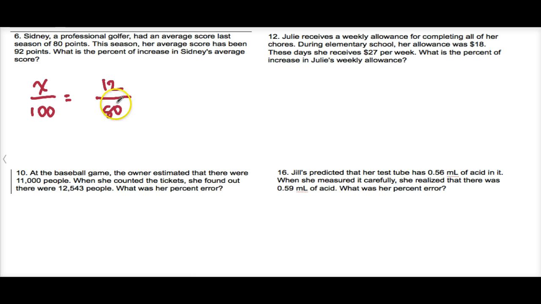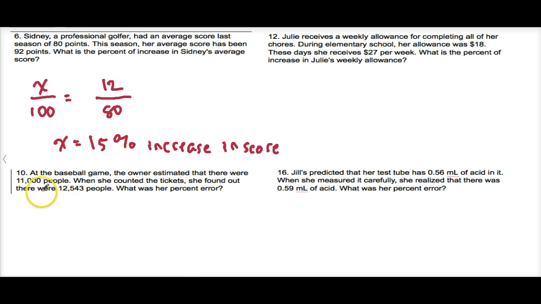Again, the formula was change over the original. So then we just cross multiply like we've been doing, and x ends up being 15% increase in score.